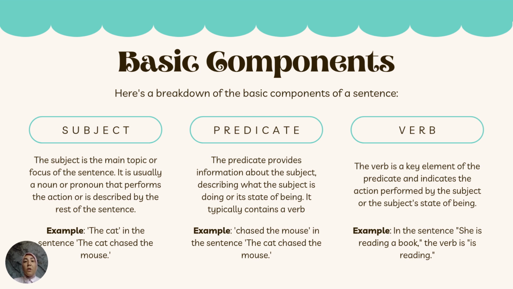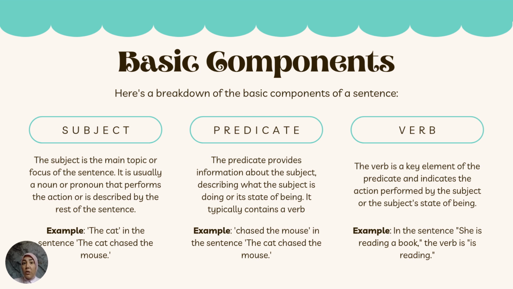Predicate provides information about the subject, describing what the subject is doing or its state of being. It typically contains a verb. It may consist of main verb and auxiliary verb, and some suffixes which show aspect of the action, and etc. In the sentence, the cat chased the mouse, the predicate is chased the mouse.